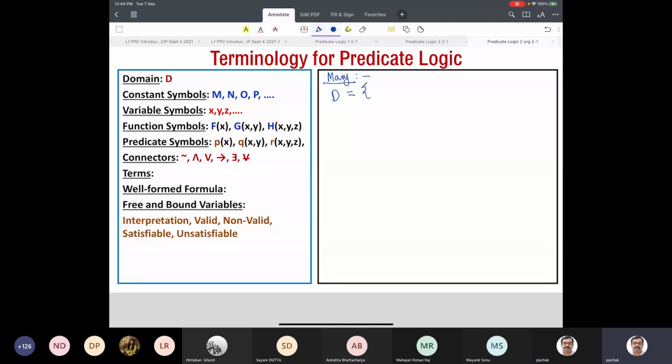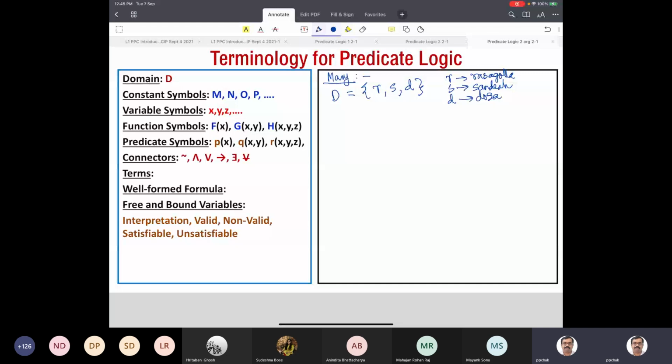Let us define Rasagulla. Good. Rasagulla, Sandesh. What else? Dosa. So R stands for Rasagulla, S stands for Sandesh, D stands for Dosa. Is it okay? Everybody is with me? Yes, sir. Good.